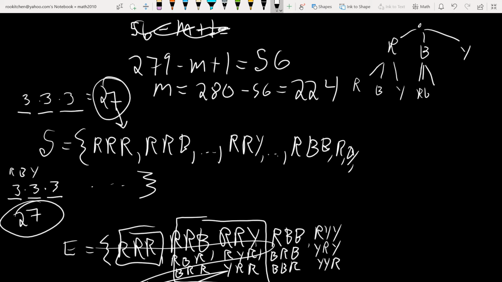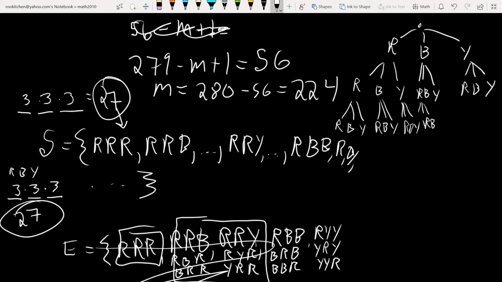If you first roll a blue, if you first roll a yellow, you're going to get a red, a blue, or a yellow. And then if you roll again, each one of these, you get three, right? Red, blue, or yellow, etc.